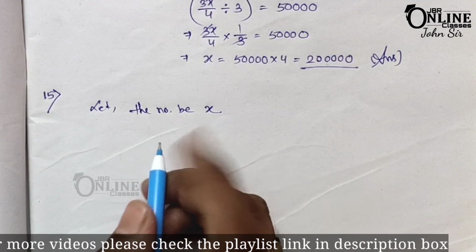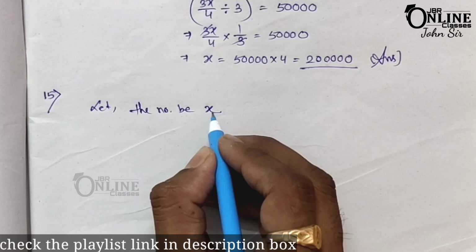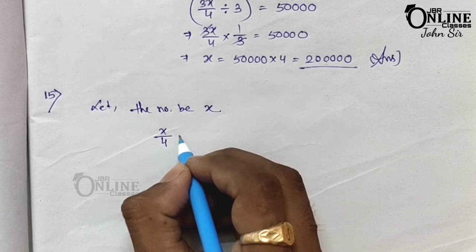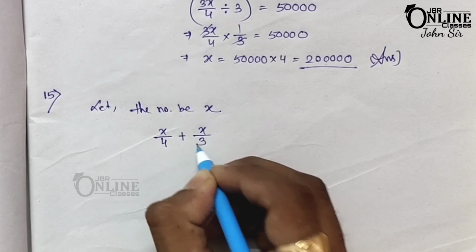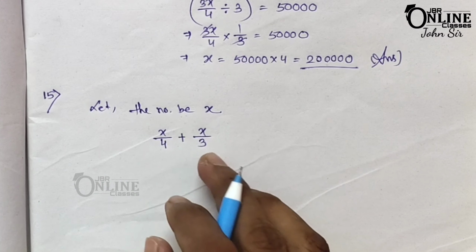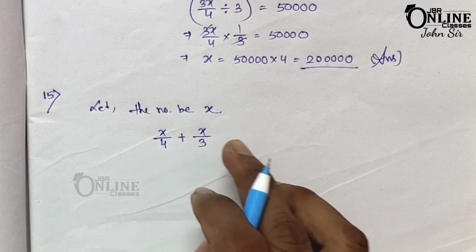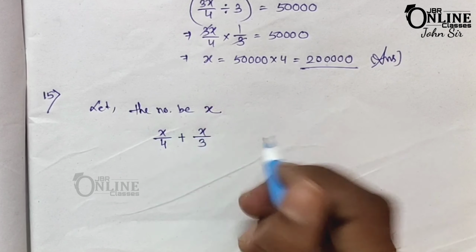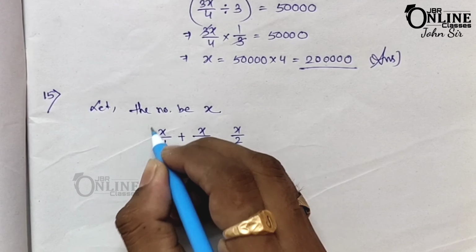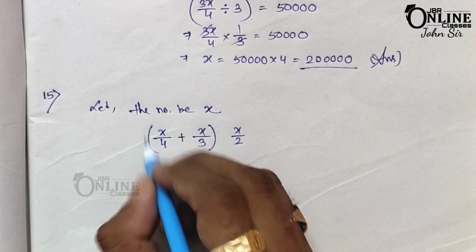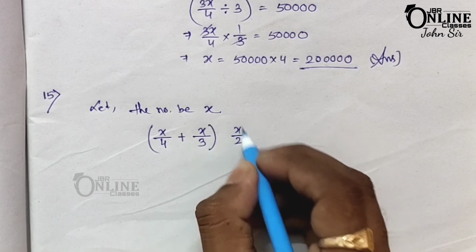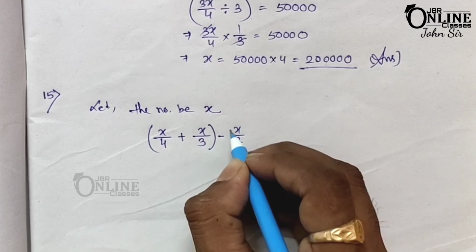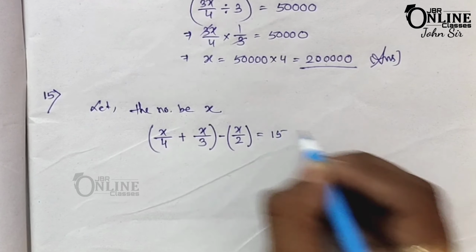Now the question said 1 by 4th of the number, so that means x by 4, is added to 1 by 3rd, that means x by 3. The result is 15 greater than half of the number. So half of the number means x by 2, and you have to subtract this half of the number from the result of this addition, so minus x by 2, equals 15.